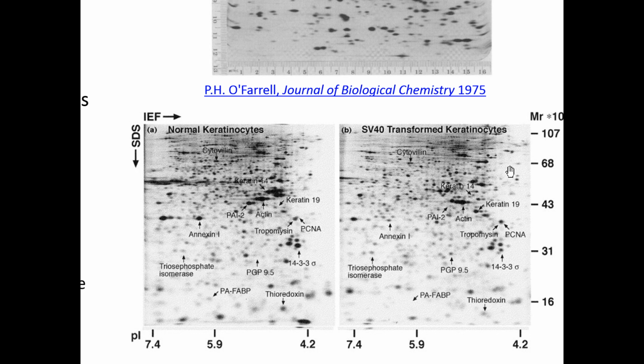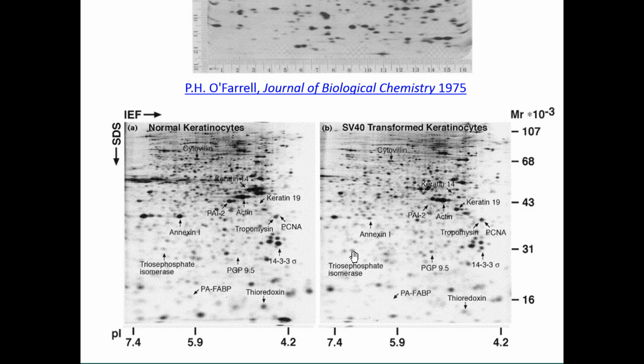It changes what the cell is secreting and producing, so you can actually see the differences in the proteins where their behavior changed. For example, this protein was being highly expressed by the normal cells, but the transfection reduced the amount of production of this protein. So being able to see the entire change in just one shot is a very useful technique.